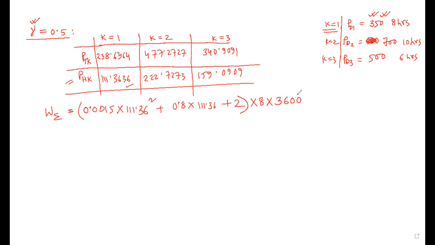Then you have K equals 2. These are your hours and this is the conversion factor for seconds, because ultimately we want it in meter cube. This value is the water usage or water availability. To produce this much PHK, how much water is required, in meter cube?